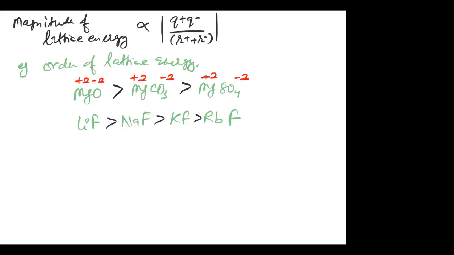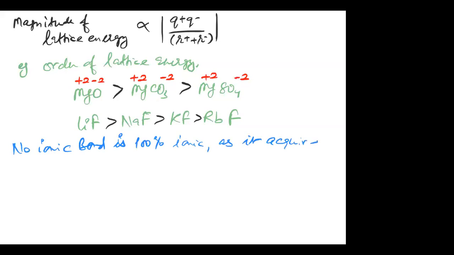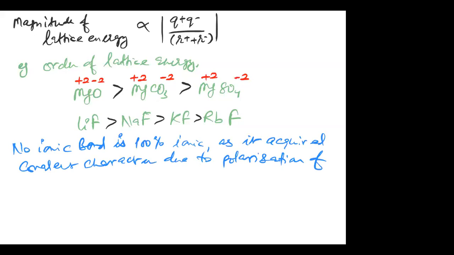Now further, as far as ionic bonds are concerned, no ionic bond is 100% ionic, as it acquires covalent character due to polarization of anion.